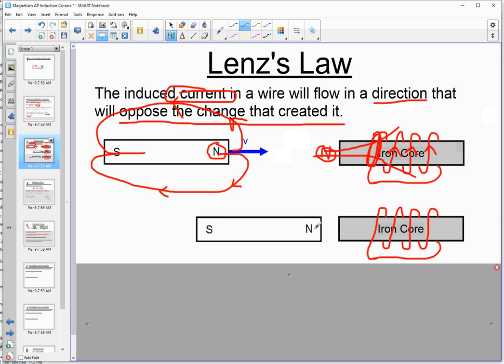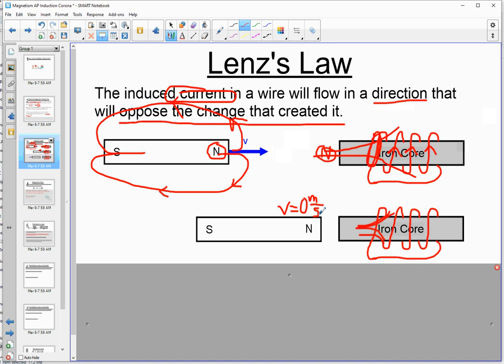Now, let's say you advance the magnet all the way too close to the iron core, and then you stop. There's going to be lots of magnetic field lines through this solenoid, but the coil really doesn't care, because once you stop moving this thing, once you take the velocity to zero, the coil's going to think, if I may personify the coil again, all right, I wasn't happy while you were advancing because it was changing the magnetic field lines through my interior, but now that you're already here, just stay here because I don't like change.